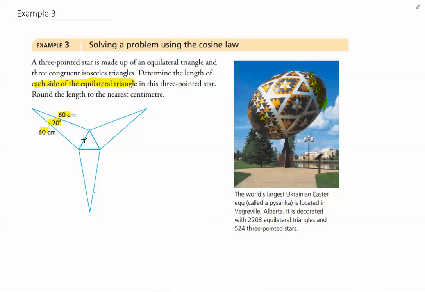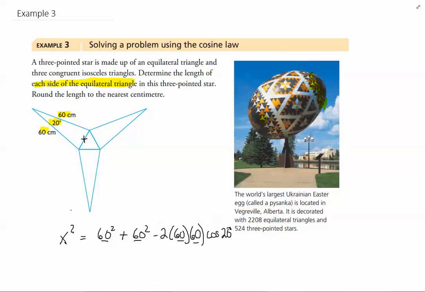That configuration of two sides and the angle in between tells us we're going to look for our cosine law. So x squared is equal to 60 squared plus 60 squared minus 2 times 60 times 60 times the cosine of 20 degrees. Notice those two other sides, they just fill in those other spaces.